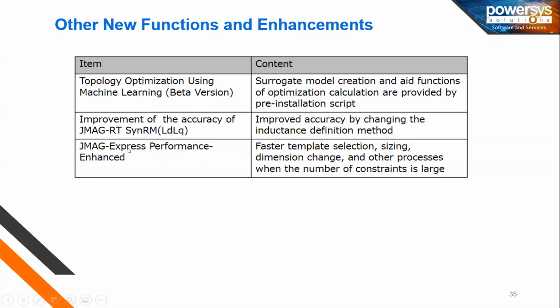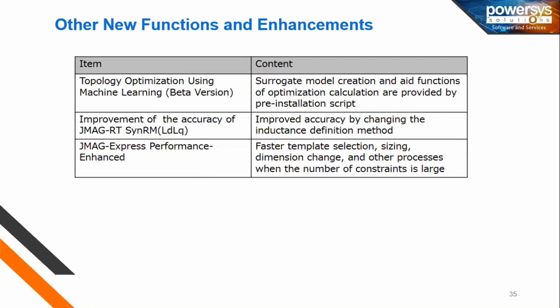And as we discussed, the Express performance is also enhanced in terms of the template selection, the time taken for execution, and the dimension change. These are the added features of version 21.